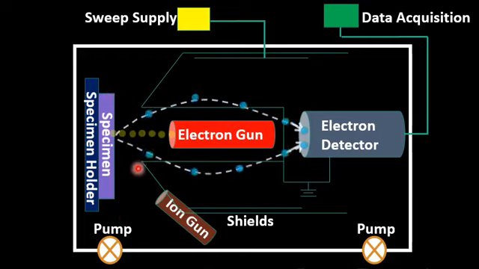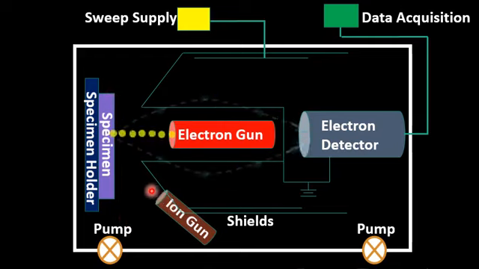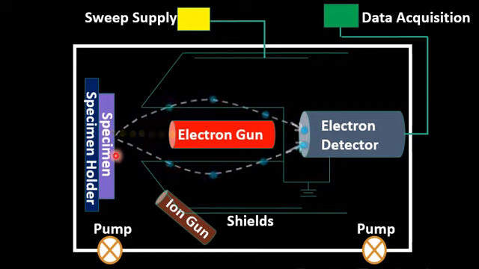A highly energetic beam of ions is emitted and is incident onto the surface of the sample. When the beam of ions with higher energy is incident on the sample surface, they remove the physically adsorbed gases if they are present on a specimen surface.